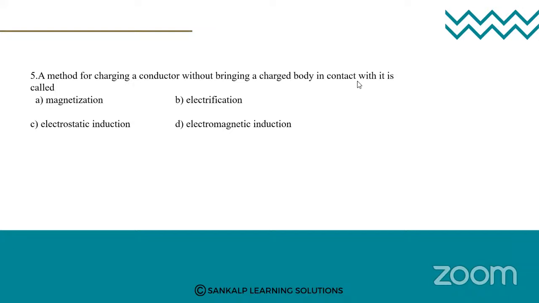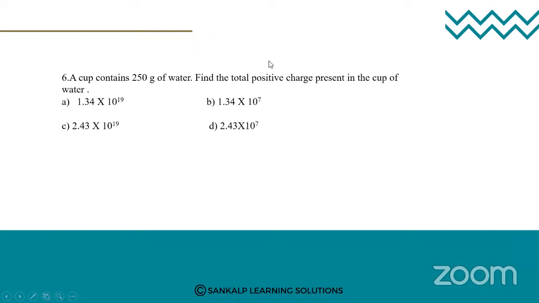The first method, friction, is by rubbing, so there also the bodies are in contact. The question says without bringing, so you may get confused if you miss that word. So it is electrostatic induction, not electromagnetic.